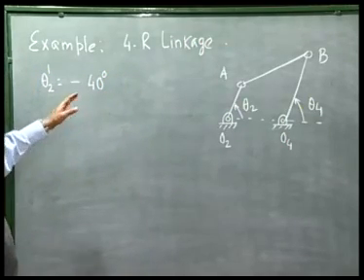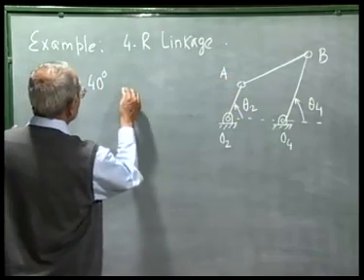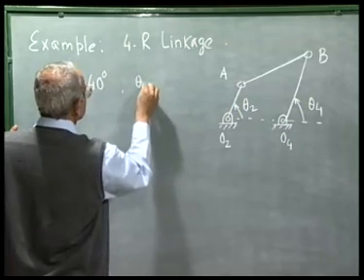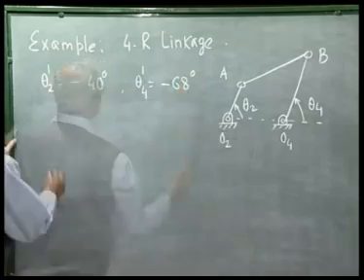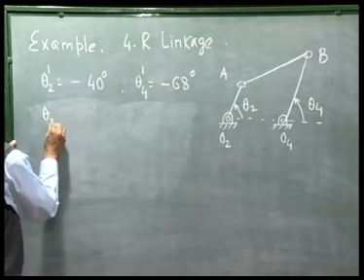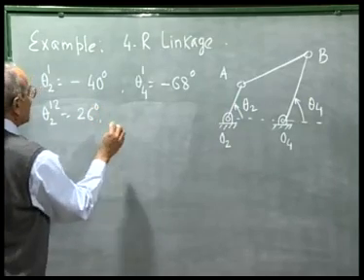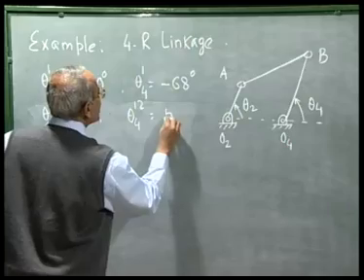Let me now talk of the synthesis of this 4R linkage with the following specification. We assume theta 2 1 is minus 40 degree and theta 4 1 is minus 68 degree. Then we assume theta 2 1 2 is 26 degree and theta 4 1 2 is 54 degree.